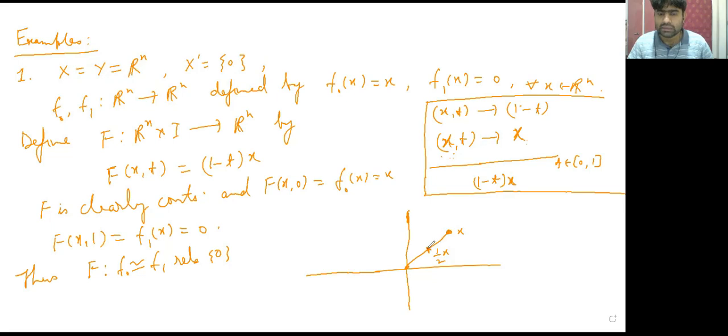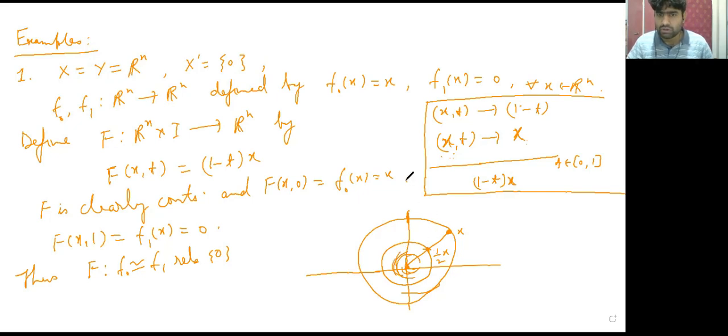Similarly, if you consider this, this whole disk, when t equal to half, is mapped to this smaller disk, right? This one.